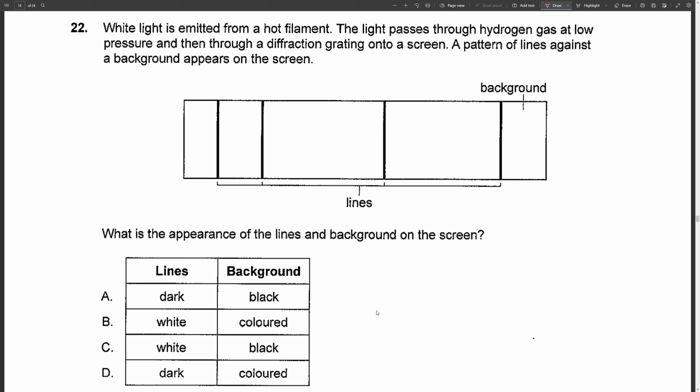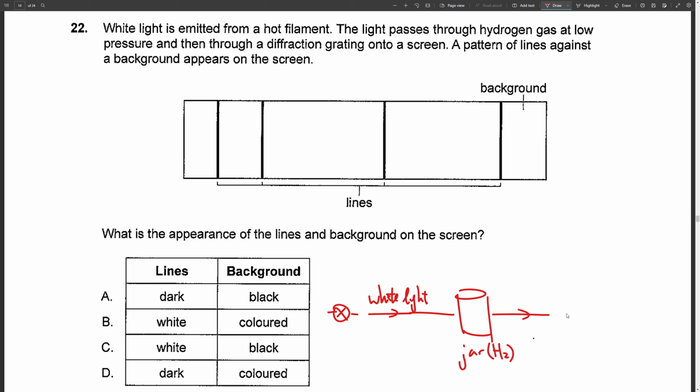In question 22, it begins with some white light. And this white light is heading towards a gas sample. Let's say this is a jar of gas sample, hydrogen gas. After passing through the gas sample, it is reaching a diffraction grating.